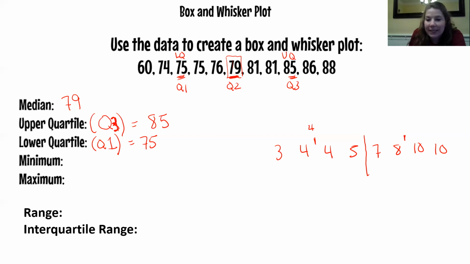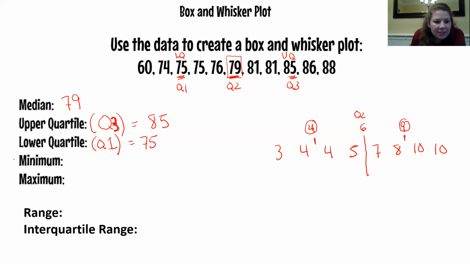What comes halfway between 8 and 10? 9. In other words, if I add 8 plus 10 together and divide by 2, I get 9. So in this situation, 4 would be quartile 1, and 9 would be quartile 3, and our median would actually be 6, or our quartile number 2.